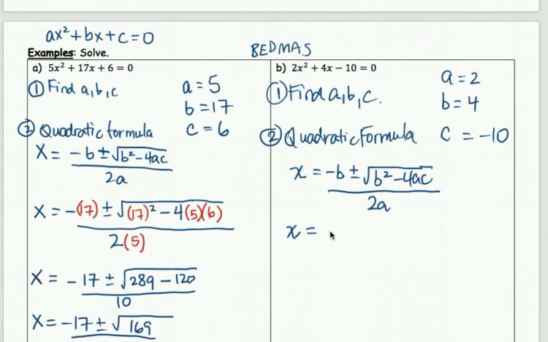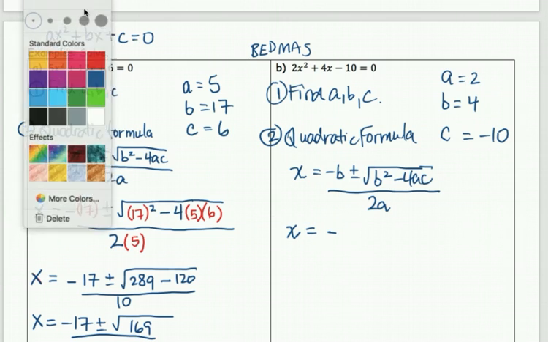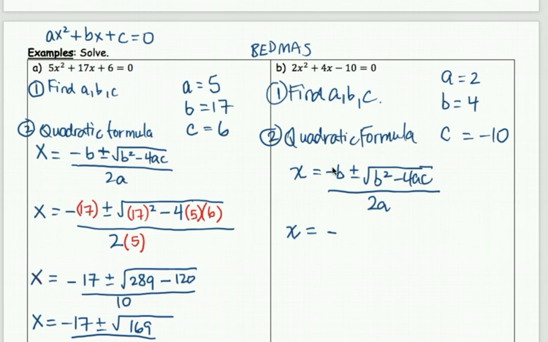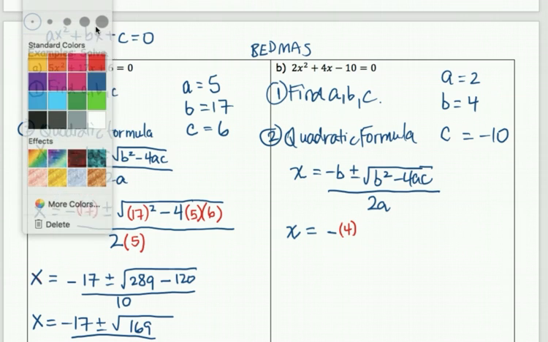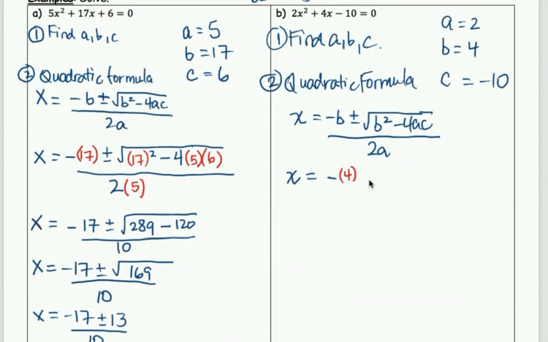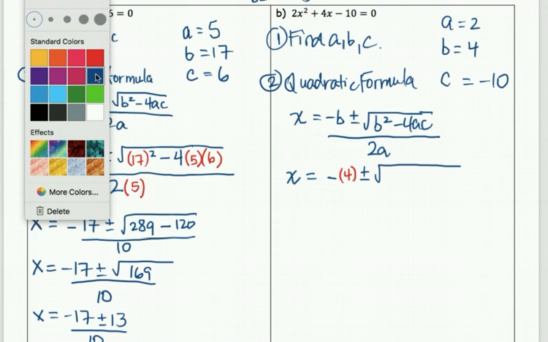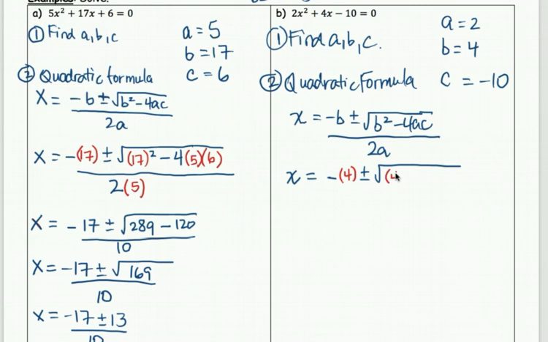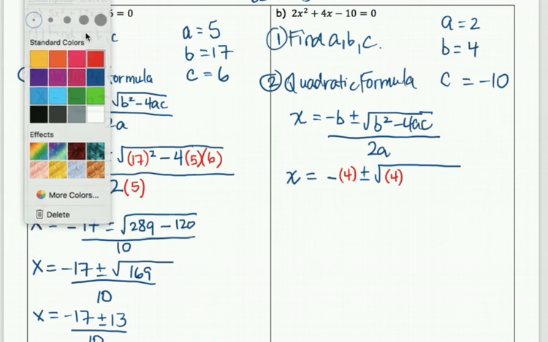Again, I'll use different colors here just to make sure you're plugging things in the right spot. Okay, so b is 4, so I'm going to write this negative and then the 4 in brackets here. And then plus or minus, because we are dealing with two equations at the same time that will separate at the end. And then we have b is 4 again. And then don't forget to square.